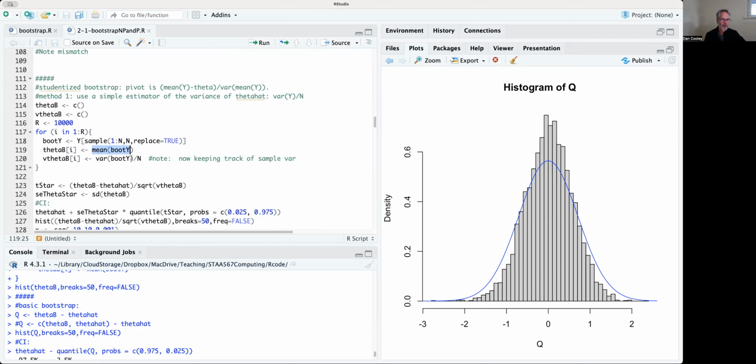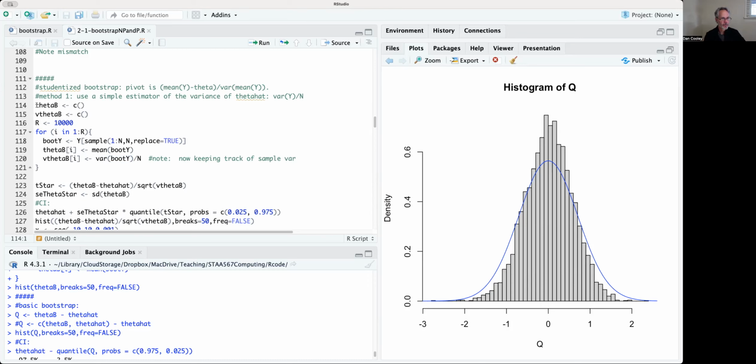I calculate the variance of my bootstrap sample, and I divide by n, because the variance of the mean estimate is the variance of the underlying data divided by n. So I'm going to run this.